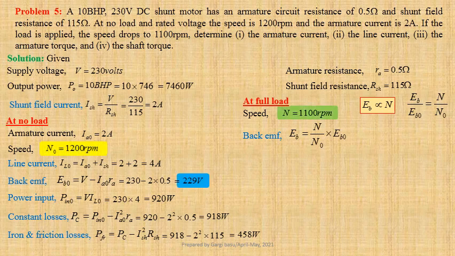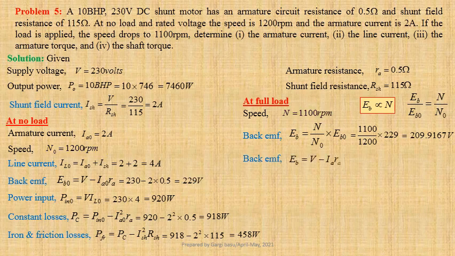Using values, we get 1100 by 1200 into 229. That gives us 209.9167 volts. Again, back EMF EB equals V minus Ia times RA. Here we are neglecting brush contact voltage drops.